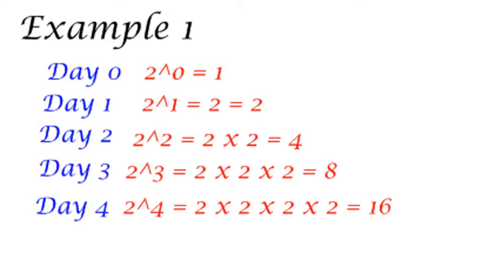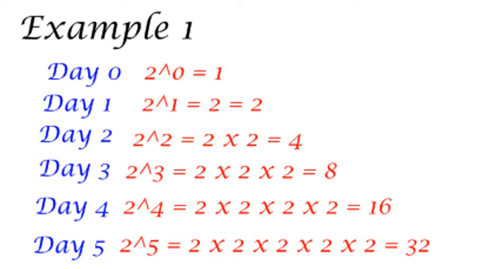Let's keep going. 2 to the power 4, 2 times 2 times 2 times 2, which equals 16. 2 times 8 from the previous example is 16. What about day 5? And we can keep on going. 2 to the power 5, like we saw in the earlier example, 2 times 2 times 2 times 2 times 2 equals 32.